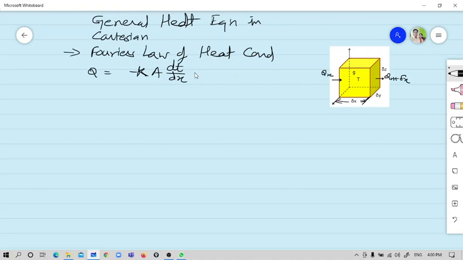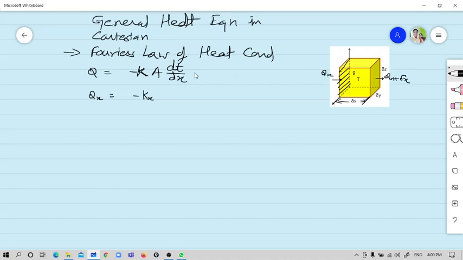Now obviously if q is the rate of heat transfer, then qx can be written like this: minus kx, where kx is the thermal conductivity of this material along the direction of x. Then you have area A. Area A here will be this area, the cross-sectional area through which the heat is being transferred.